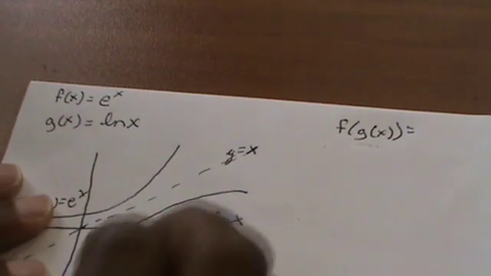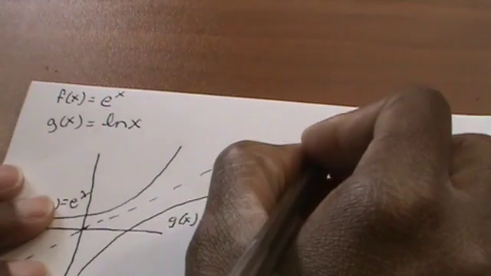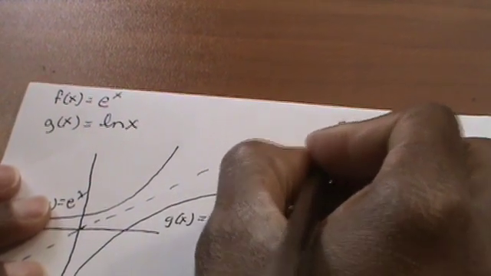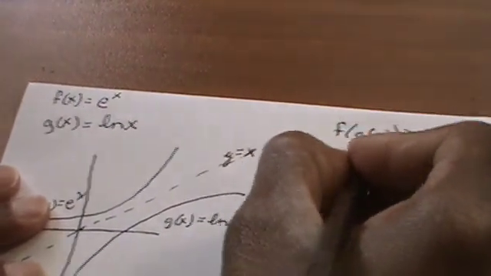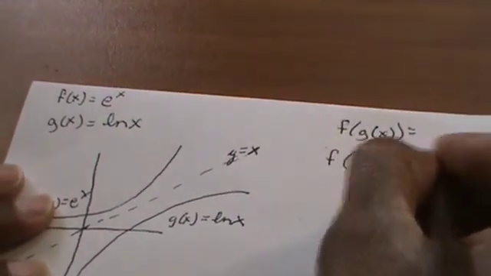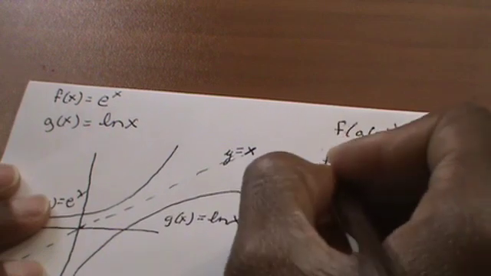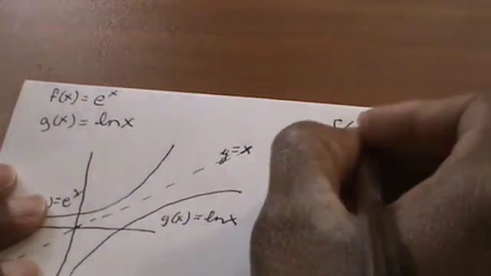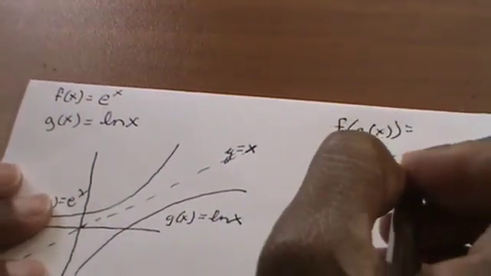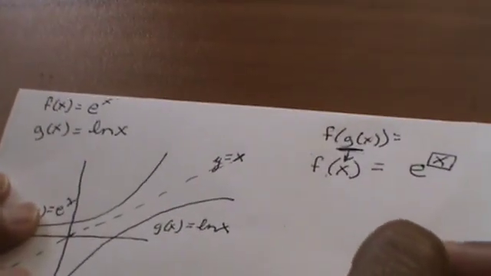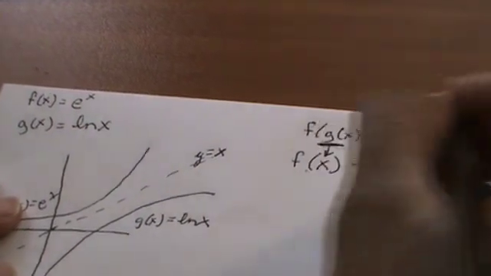So what you could do is rewrite all of this. I have here that f of x equals e to the x, so you could just leave it as is. Notice your two major functions are f, and you're trying to take your g of x and force it into the x position. So it has to go right here. Okay? So what are you left with?